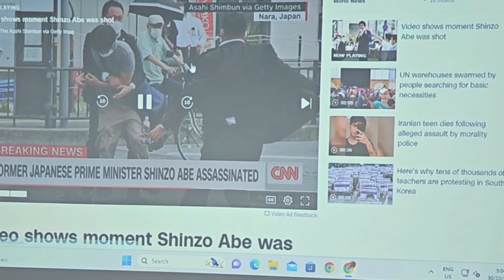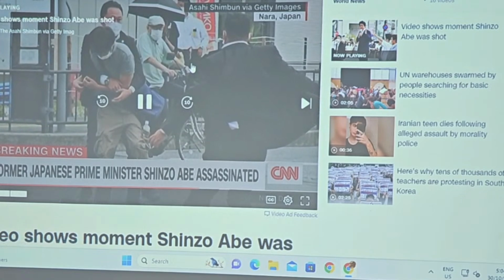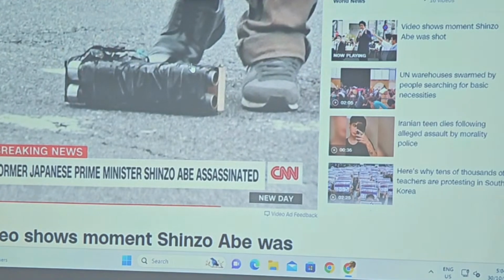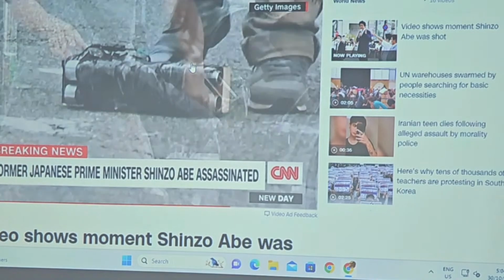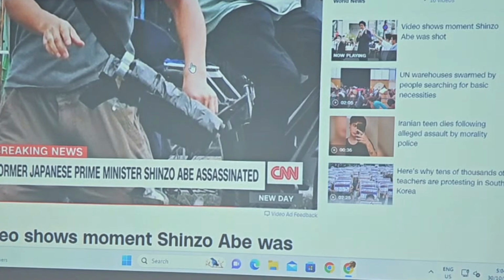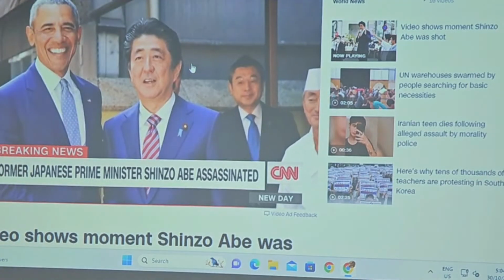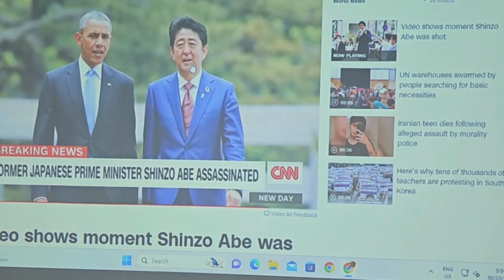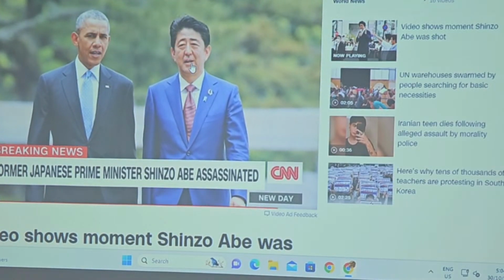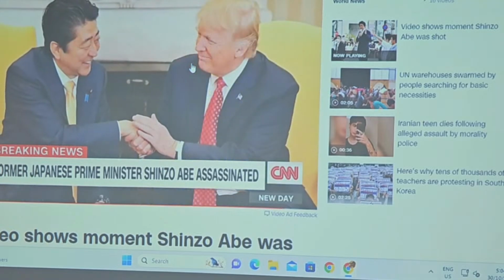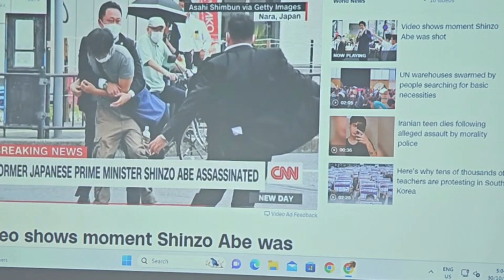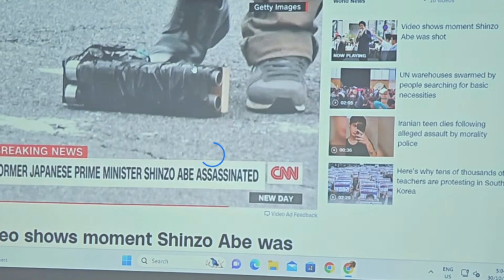This is the boy, the crazy boy. His mother was a member of some organization, and he thought from his reading that Abe gave donations to this organization, and he wanted to kill him because his mother suffered.